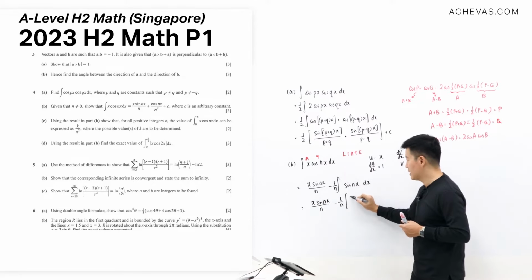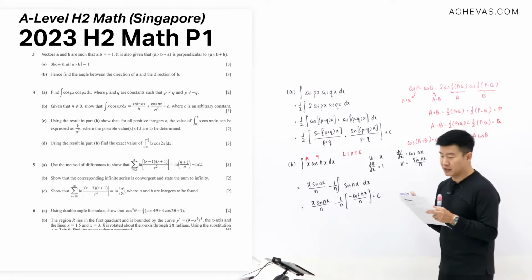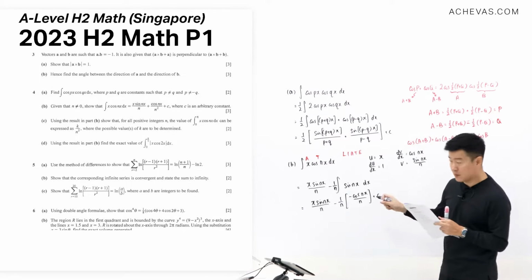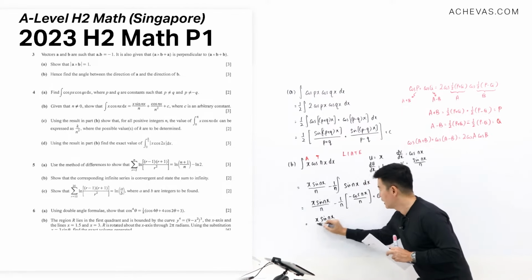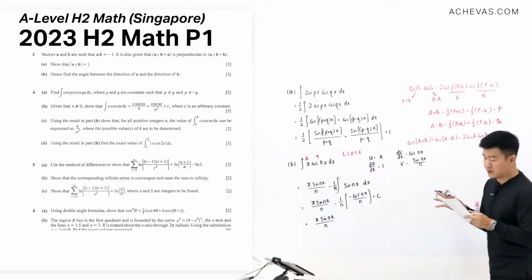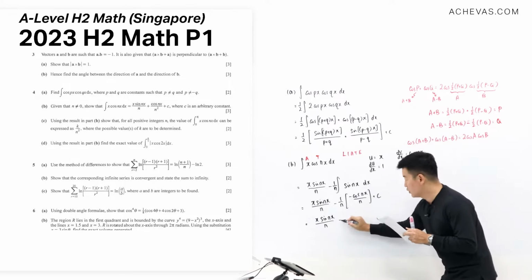Integrating this is going to be minus cosine nx over n. And let's not forget about the plus c. We're supposed to show the expression that the question requires us to show, and I think we have gotten that, because this is just x sine nx over n. So it is the first expression the question requested. And the next one is going to be minus times minus, so it will be plus.